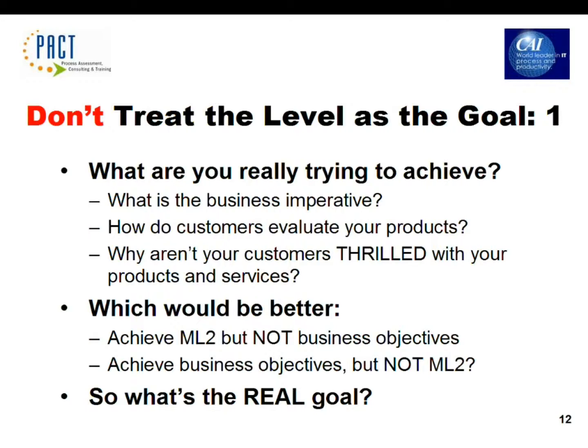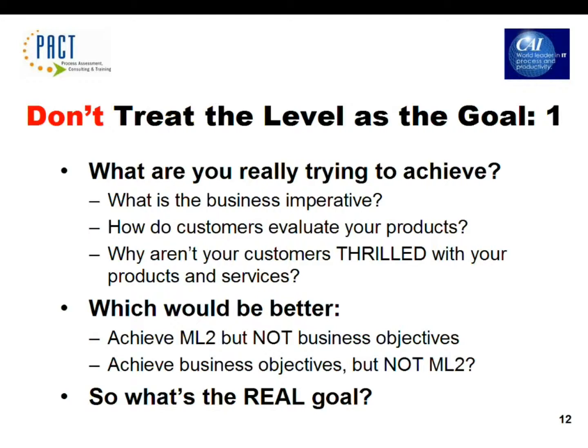So the first one is don't treat the level as the goal. If I were to ask for a show of hands how many people are doing that, I'm sure I would get a fair number of people on this webinar putting their hand up. But the question to senior management is, what are you really trying to achieve? The CMMI is one of many tactical approaches to help organizations achieve a business strategy.